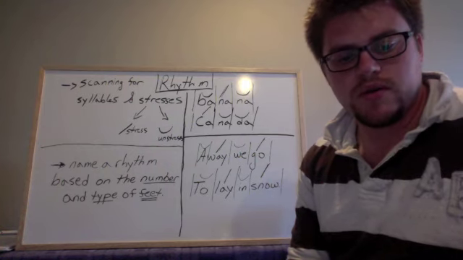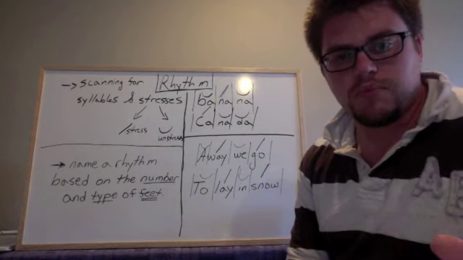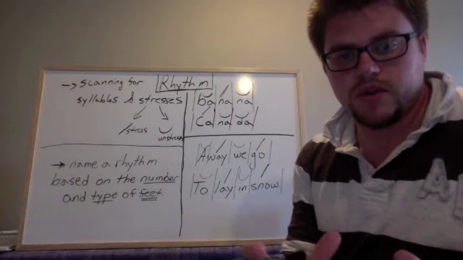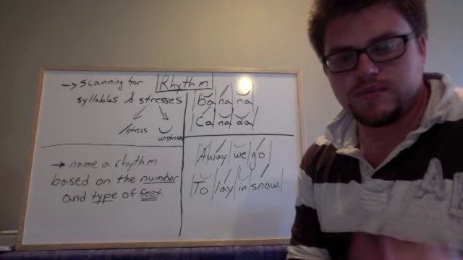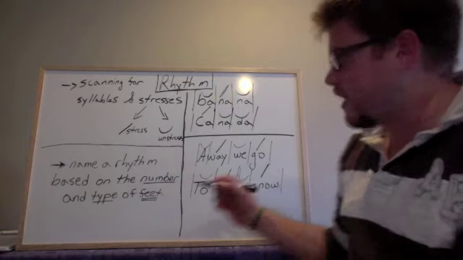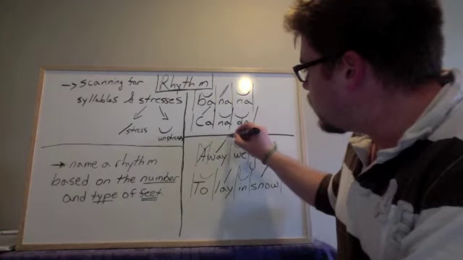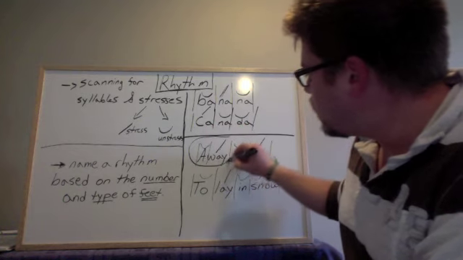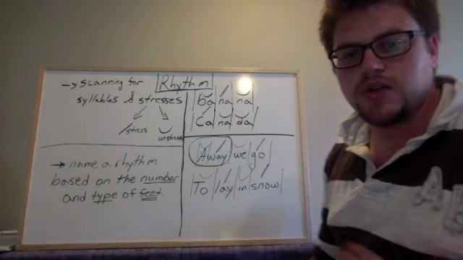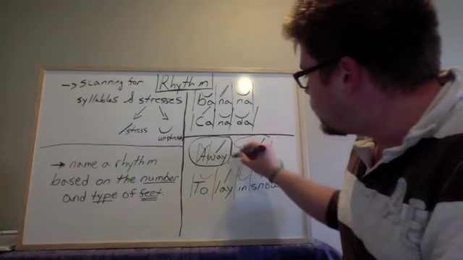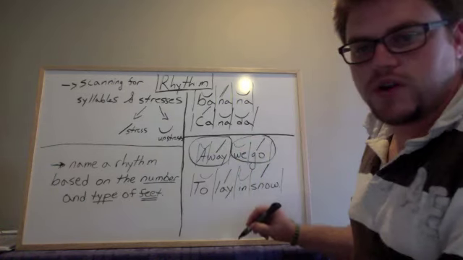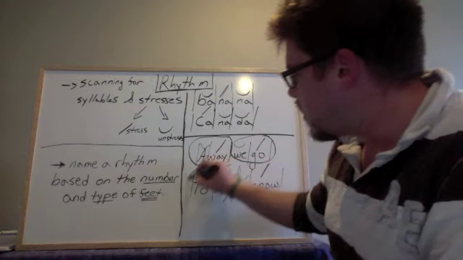For an iambic foot, one foot or piece of iambic rhythm, you need an unstressed syllable and a stressed syllable. We're going to see that that's exactly what we have here. Right here, we have an unstressed and a stressed, followed by an unstressed and a stressed.